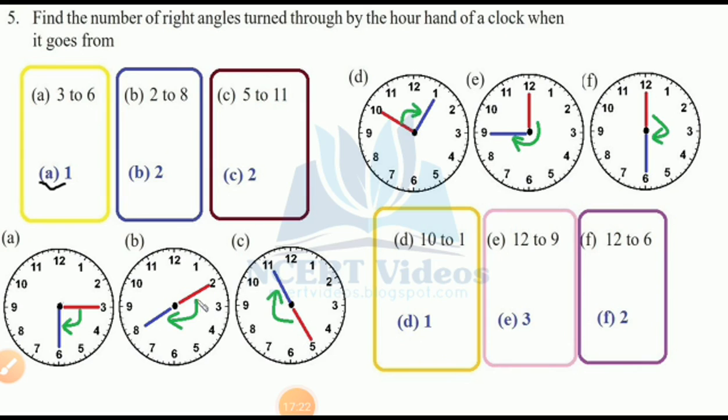Second, 2 to 8, 2 right angles. Straight angle 180, that means 2 right angles. Third, 5 to 11, it is also 2 right angles. Straight angle means 2 right angles. D, 10 to 1, very easy, 90 degree 1 time only. Right angle means 90 degree.